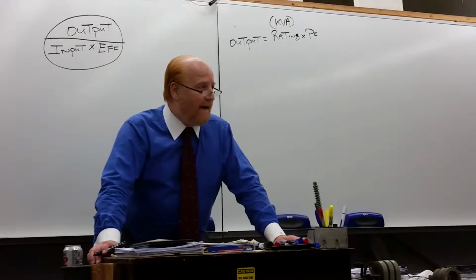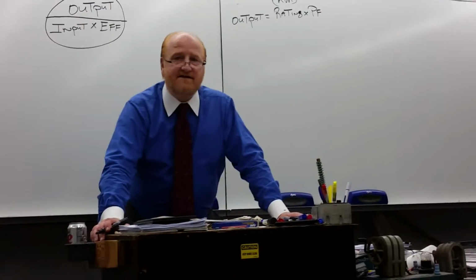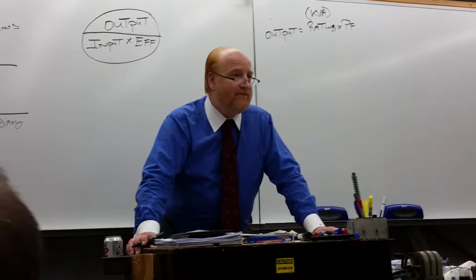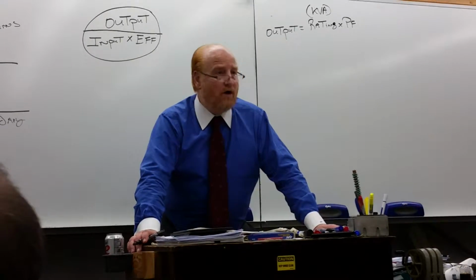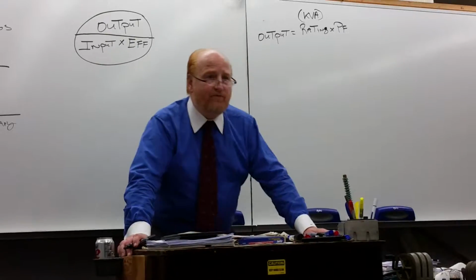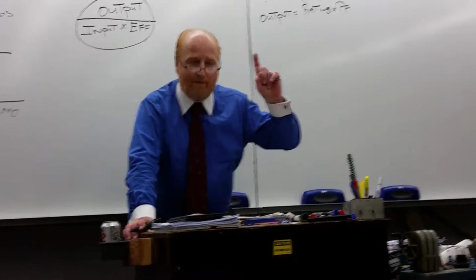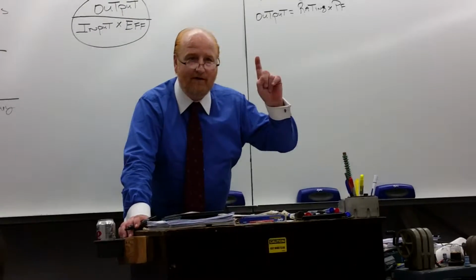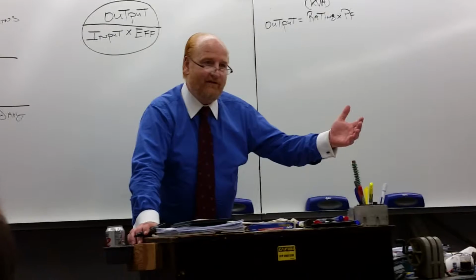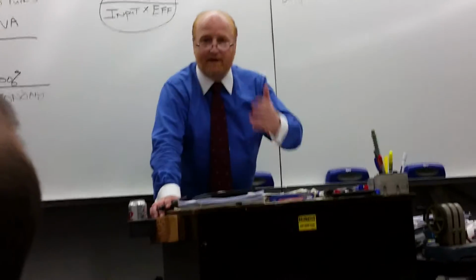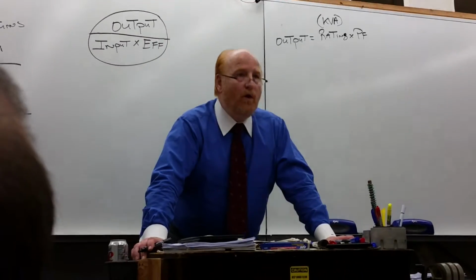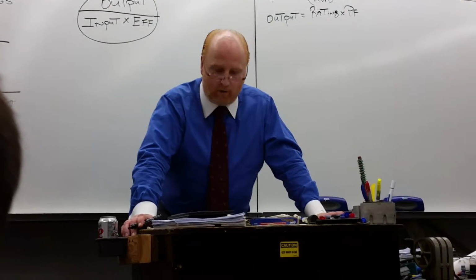They will give you a power factor, and it's a statement. The output equals the rating times the power factor, or 20,000 volt amps times 1, representing 100%, equals 20,000 watts. It's what gives us the ability to change from VA to watts. Okay?